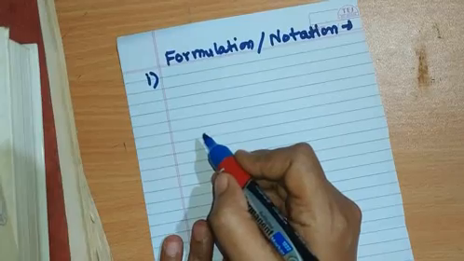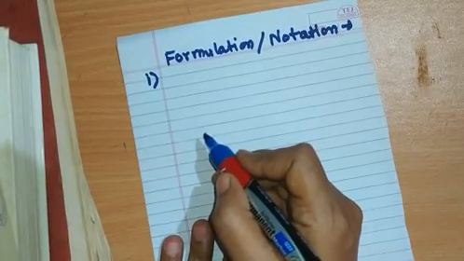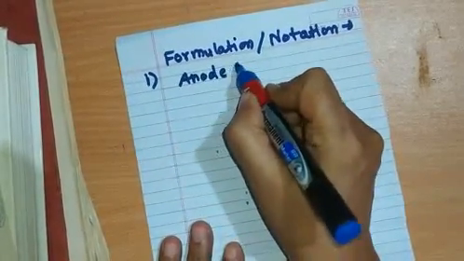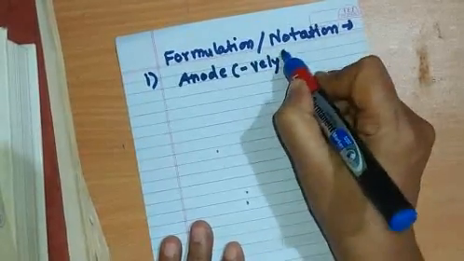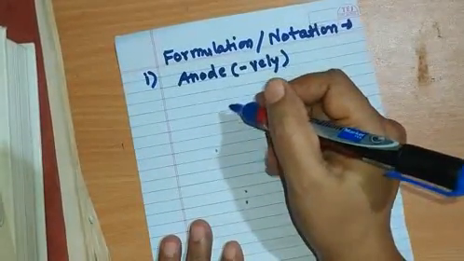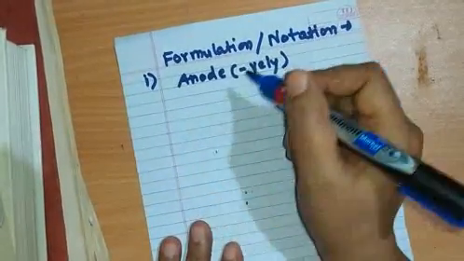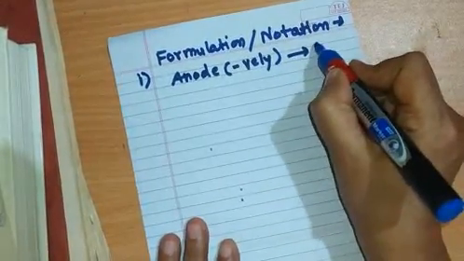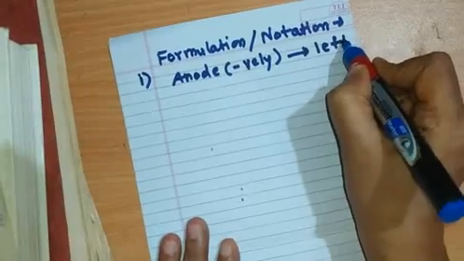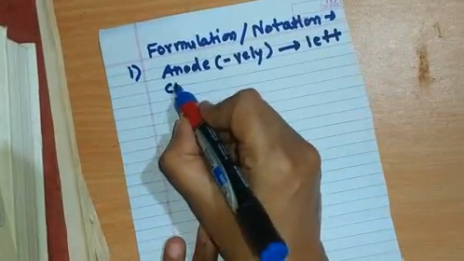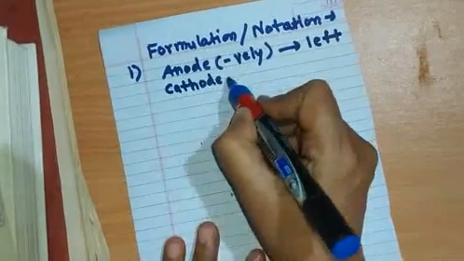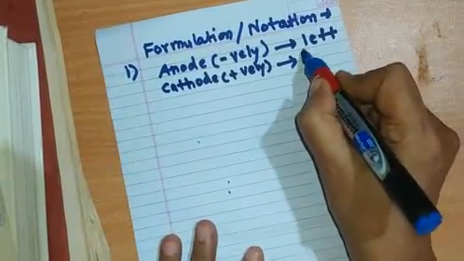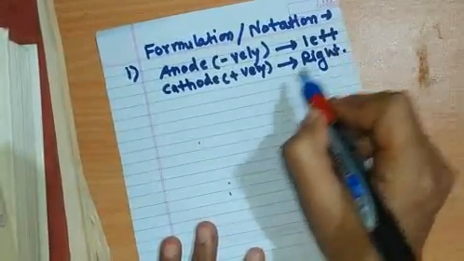The anode is placed here, and it is negatively charged, while in electrolytic cells, the anode is positively charged. But in a voltaic cell, the anode is negatively charged and it is at the extreme left of the cell. Obviously, the cathode is positively charged and it is written at the extreme right of the cell.